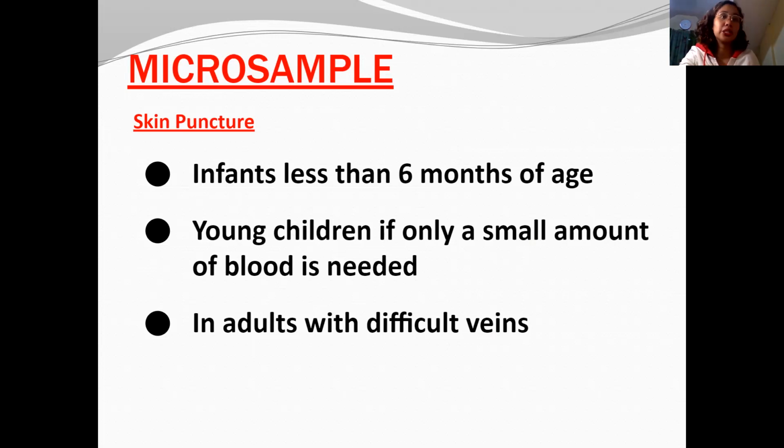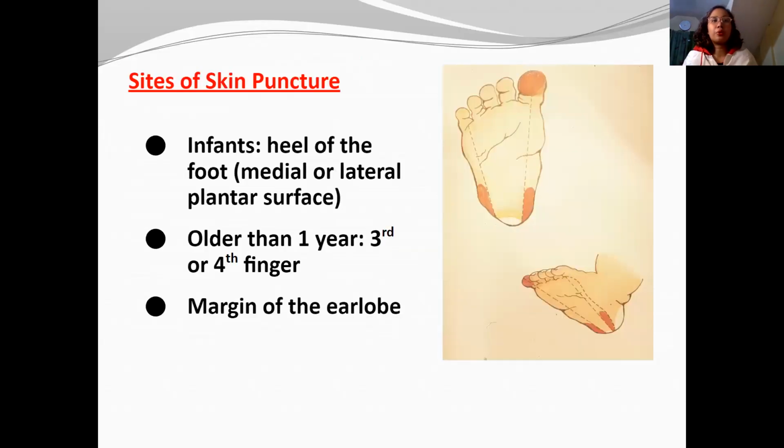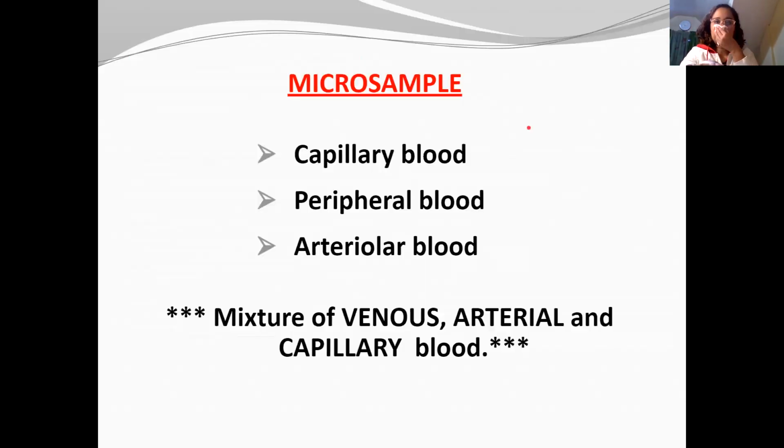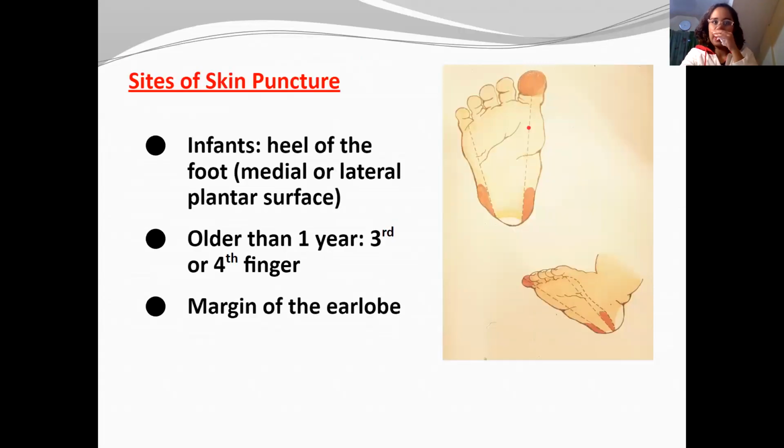They're losing blood already. So where are the sites of puncture? Among neonates, it is the lateral plantar surface of the heel, lateral and medial. Lateral is in line with the smallest toe, medial in line with the biggest toe. The lateral area is more recommended, guys, because it has no arteries; here is the tibial artery.